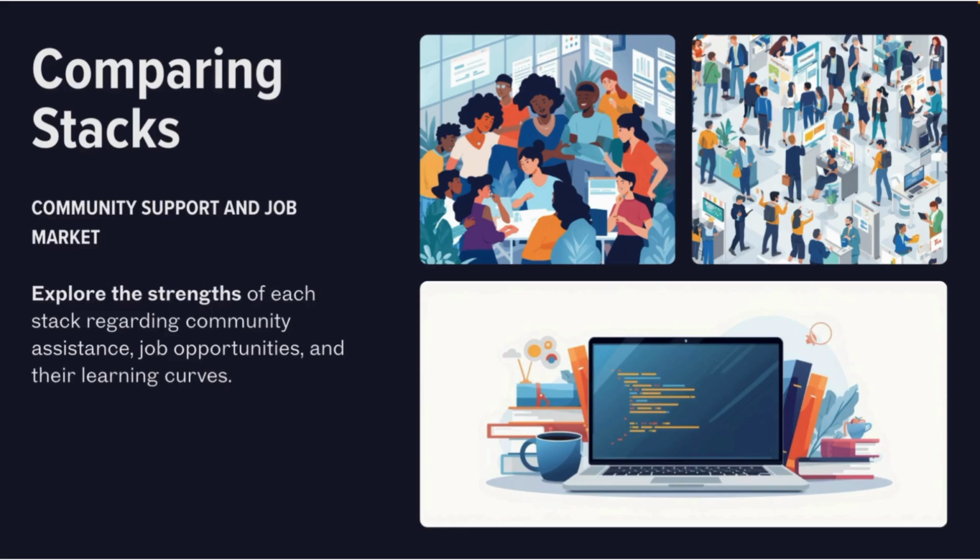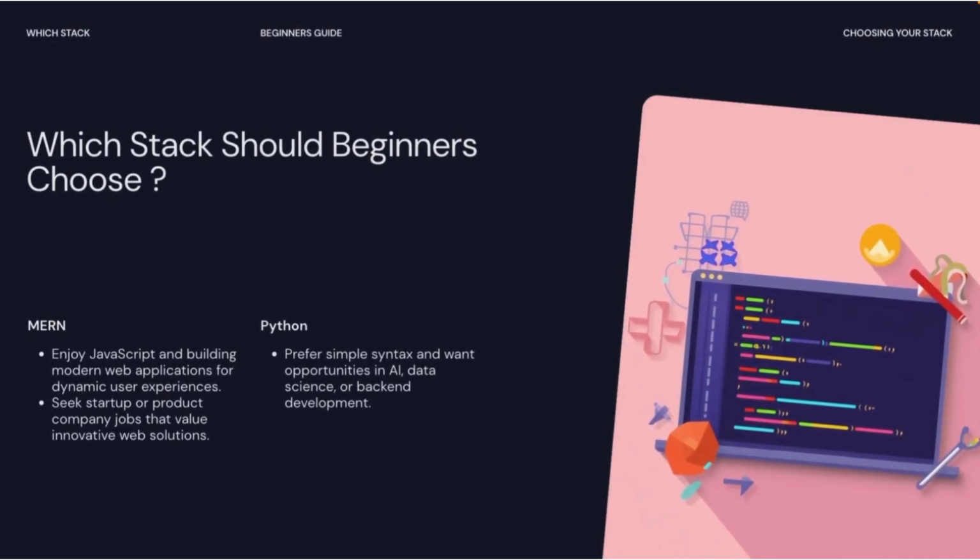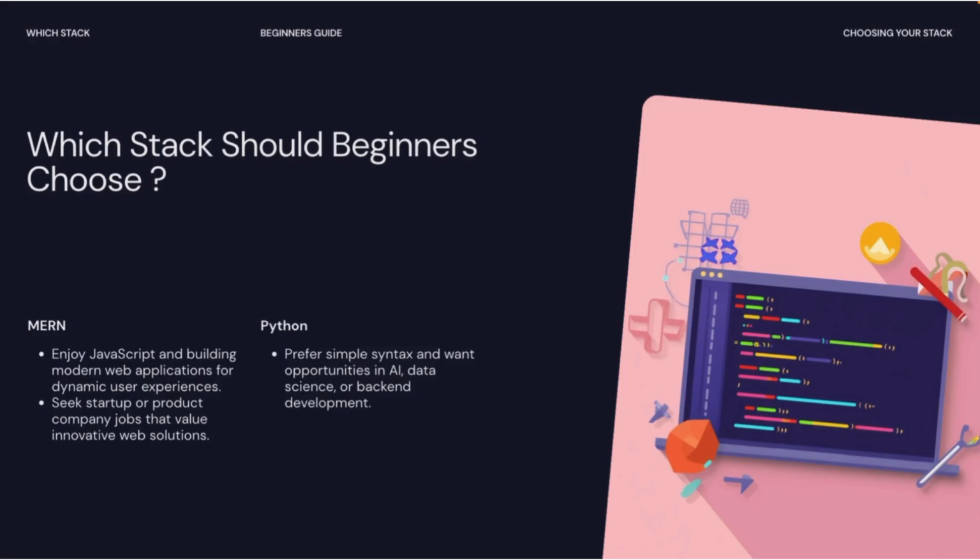So, if you are a beginner, which stack should you choose? Choose MERN if you enjoy JavaScript, if you want startup or product company jobs, and if you like building modern web applications. Choose Python full stack if you want opportunities in AI or data science, if you prefer simple syntax, and if you enjoy backend development.